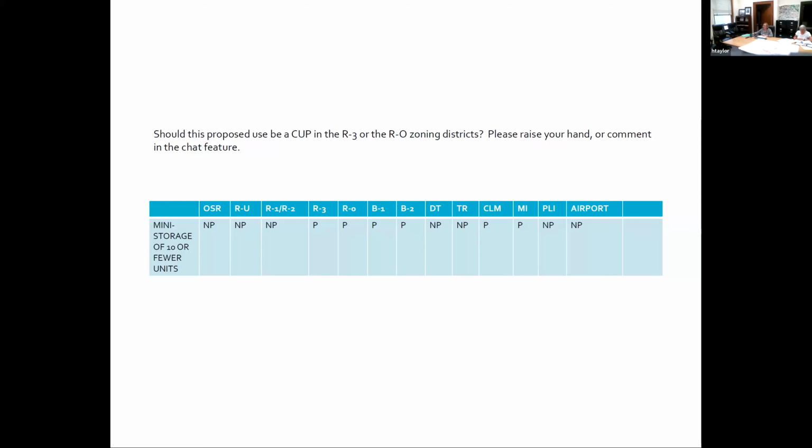Okay, so Rebecca, you agree with the CUP in residential for mini storage. So the R3 zoning district would require a conditional use permit. Also, the RO, are you saying both? What about R1, R2?